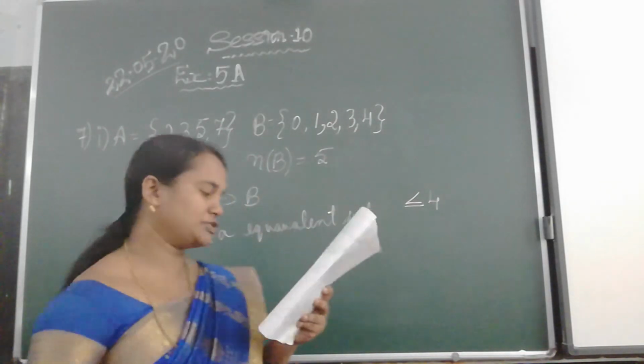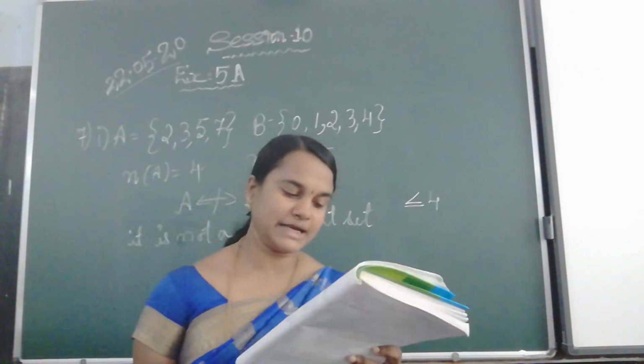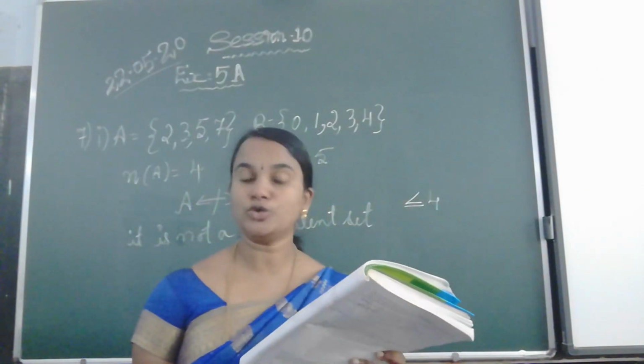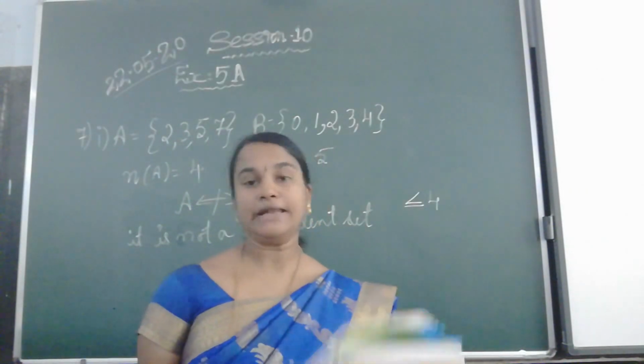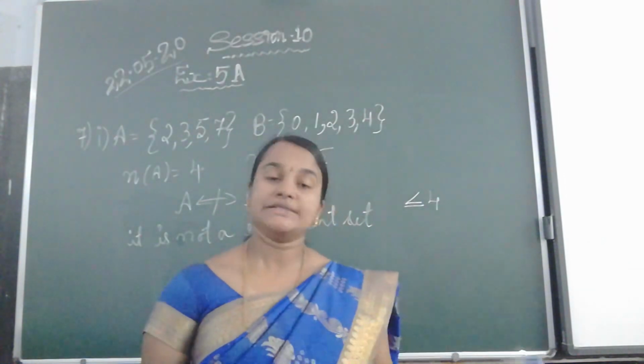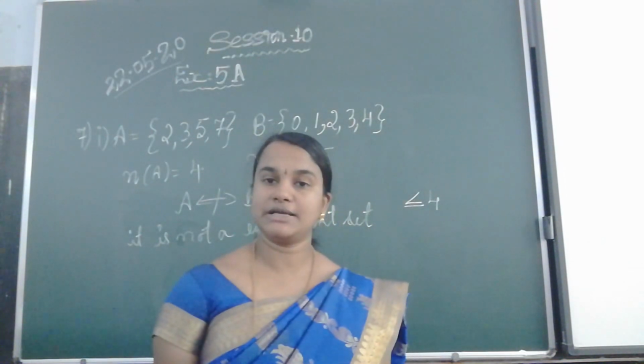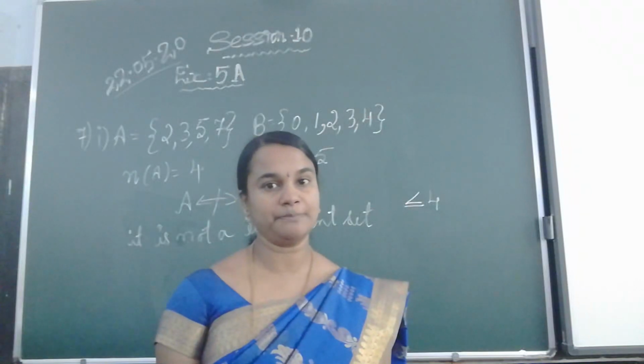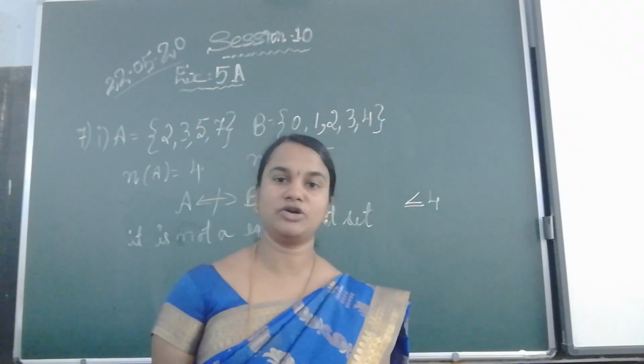Now, second question. What is the second question? C is given x such that x plus 2 is equal to 2, and D it is given empty set. If in C we get an empty set, then it is an equivalent set. Otherwise, it is not an equivalent set.